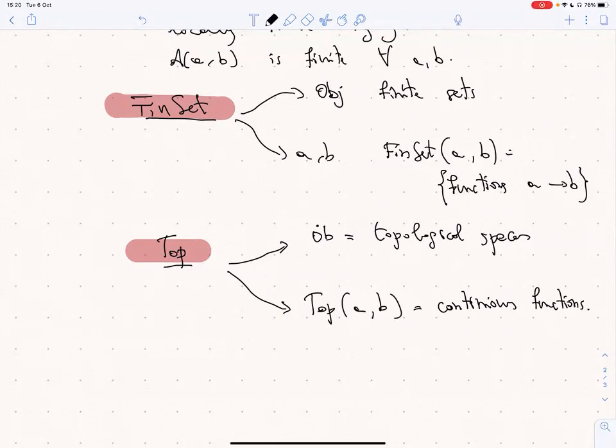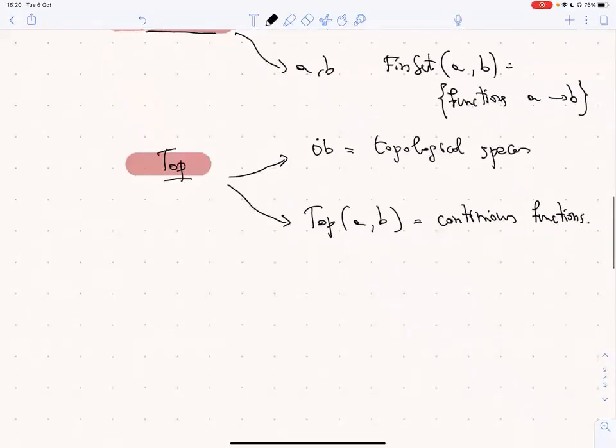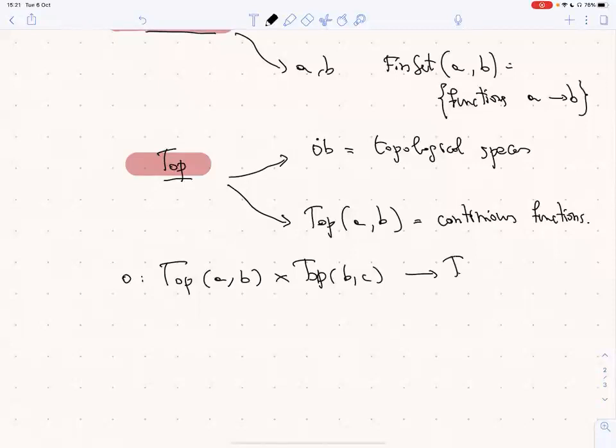Okay, so this is a good moment to comment on the composition that I defined before. So what is this composition in this case, from Top(A, B) times Top(B, C) into Top(A, C)? So this is just, you take a function f, you take a function g, and you send it to the composition as set functions.